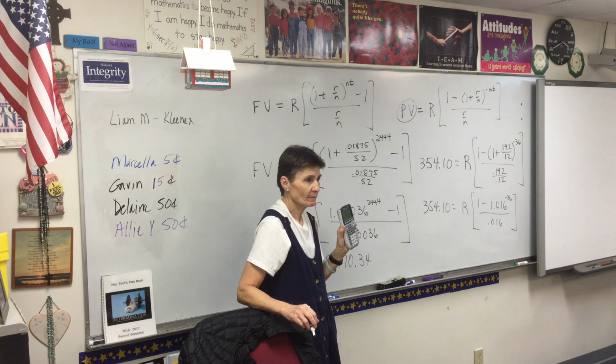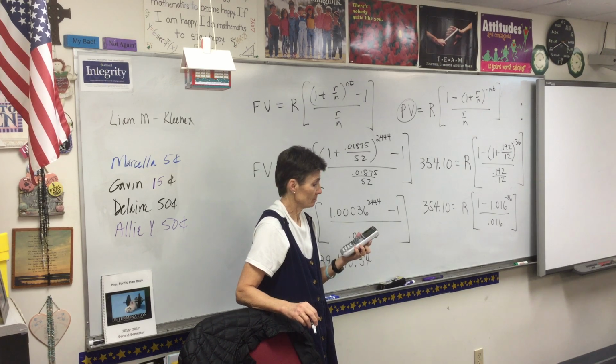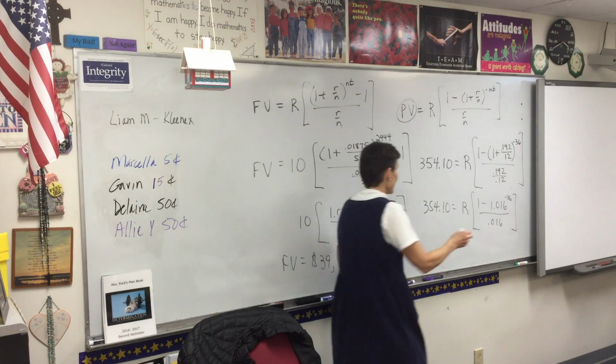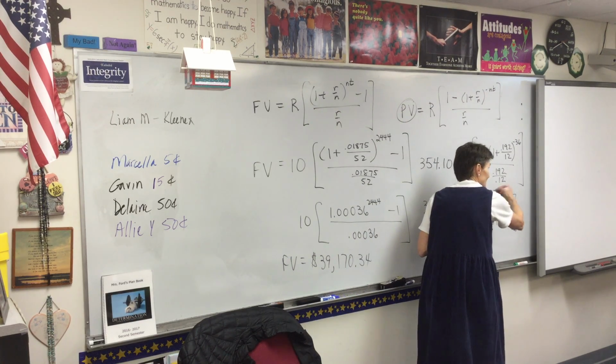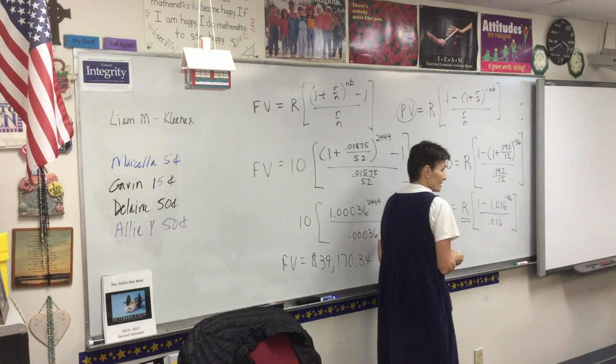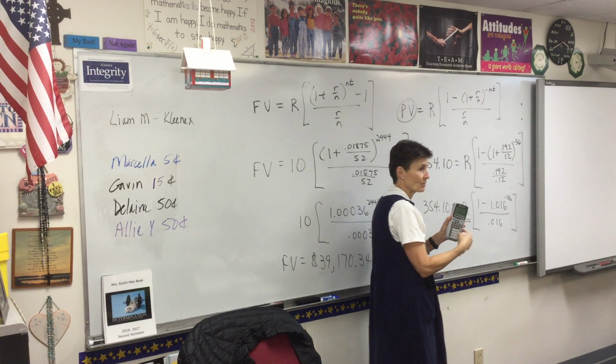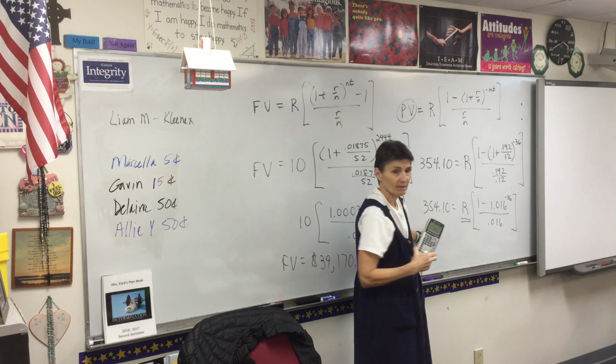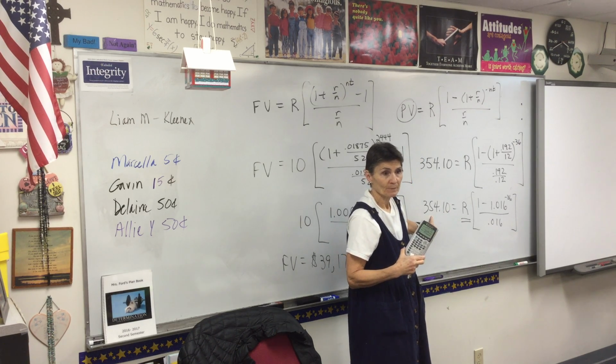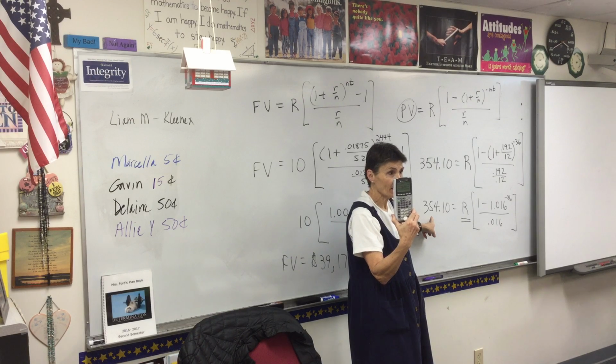I got like 27.125. Now, that's this. I just typed this in, right? I need to figure out what that is, though. This is not the answer. I'm going to have to take 354 and divide it by this, right?